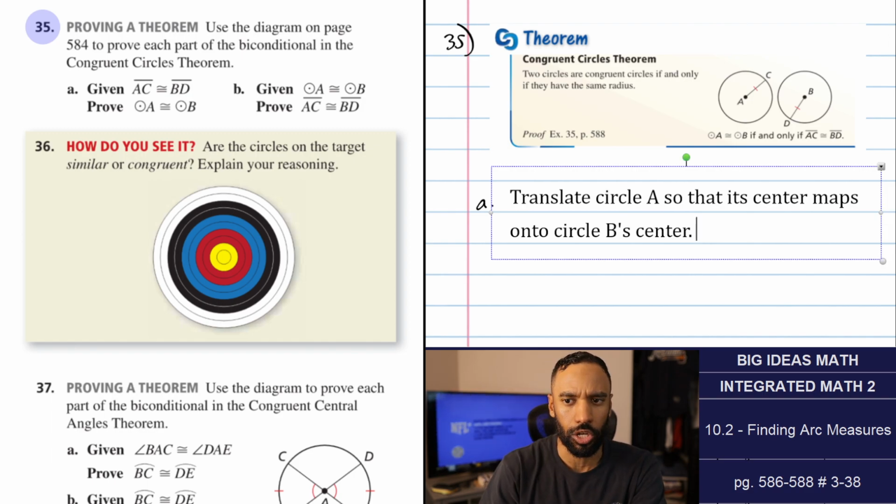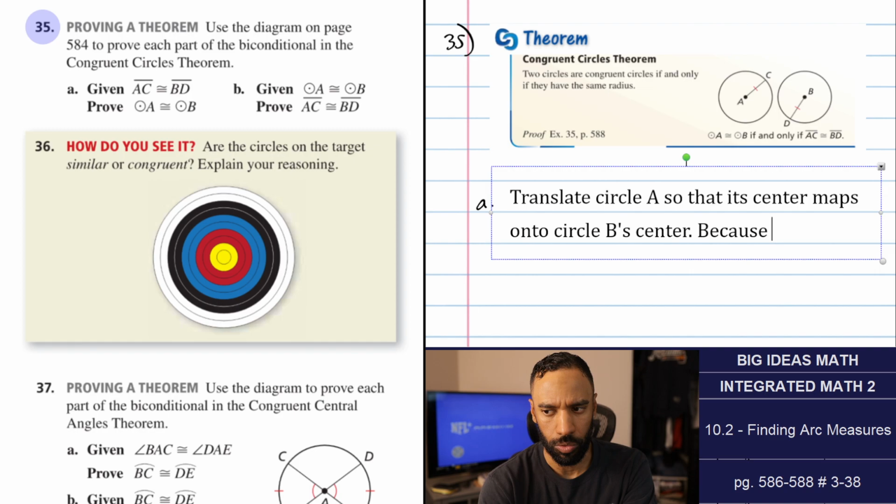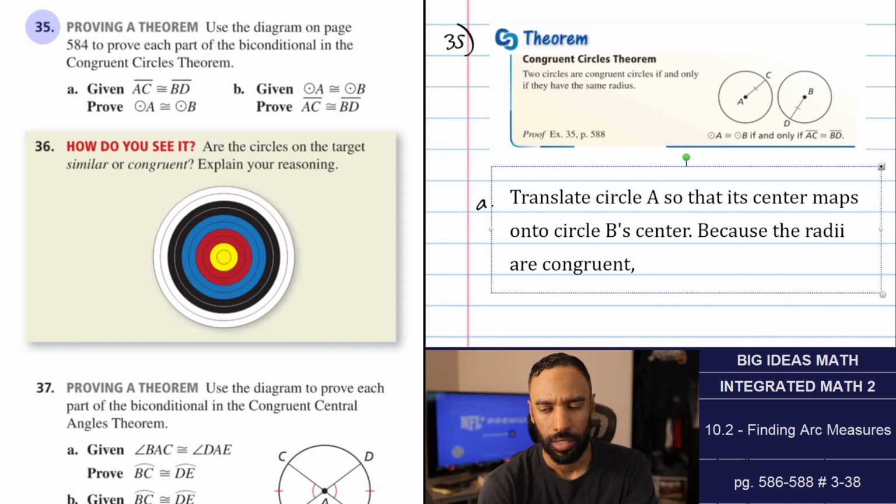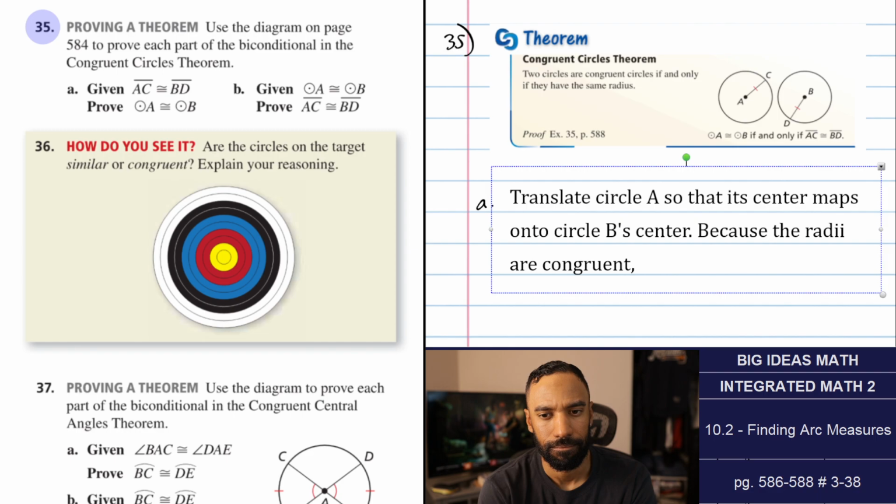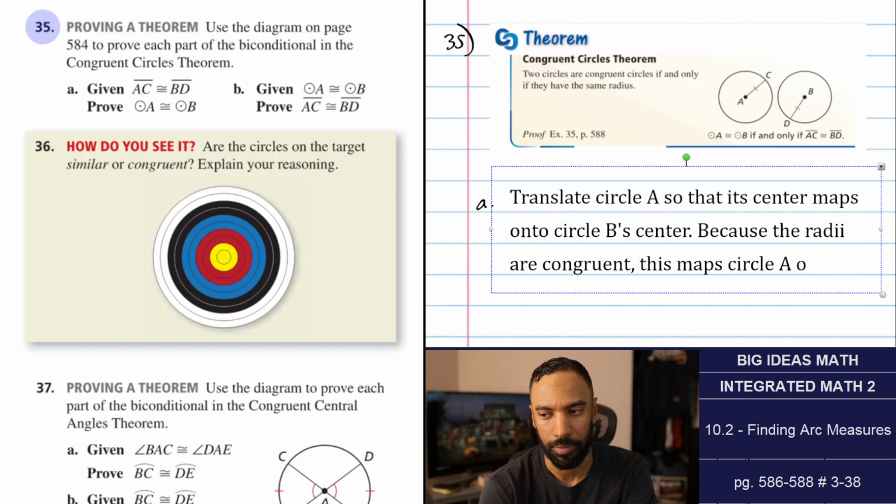I mean, the radii are congruent, right? Now, I can't say that's the theorem, but because they're congruent, this maps the circles onto each other. This maps circle B onto circle A. Circle A onto circle B.